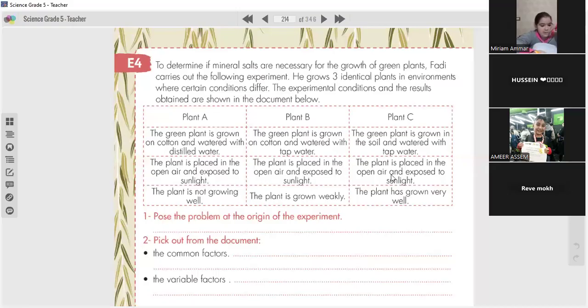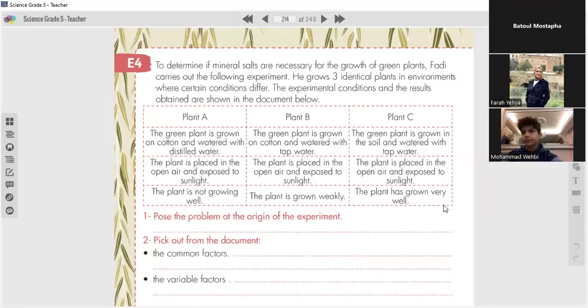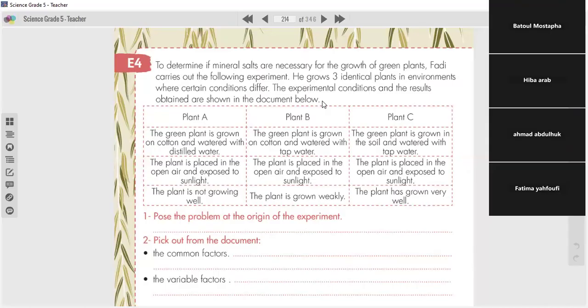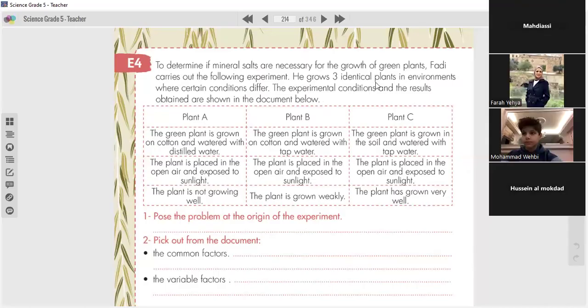Lana, did you hear me? Okay, Miriam, continue please. Okay, maybe she had a problem, I don't know. The experimental conditions. Miss, you don't want to write the answer?